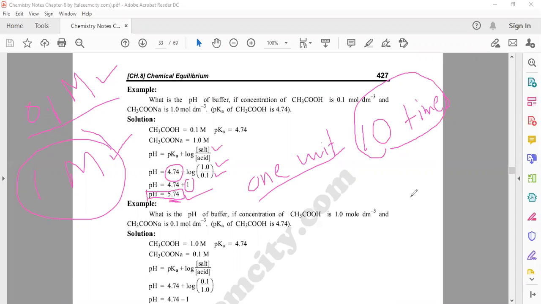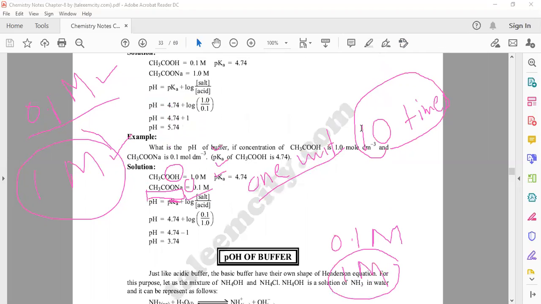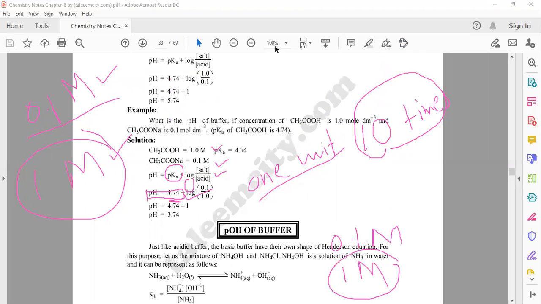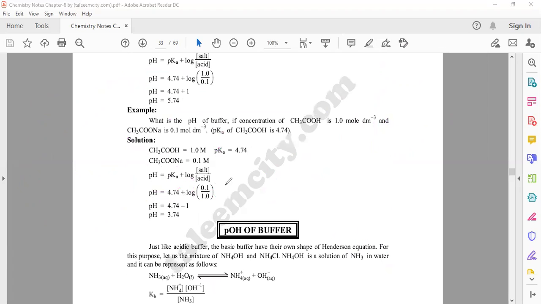If we take acid 10 times the salt concentration, the salt is now 1 molar and we are taking acid at 10 times higher. So now put the values and see what will happen. Salt 0.1 molar and the acid is 1 molar.